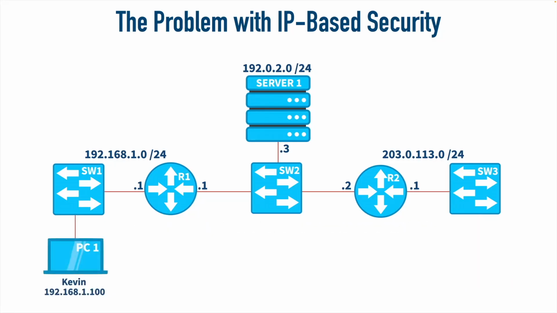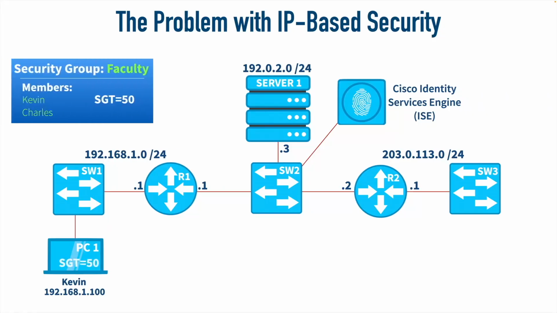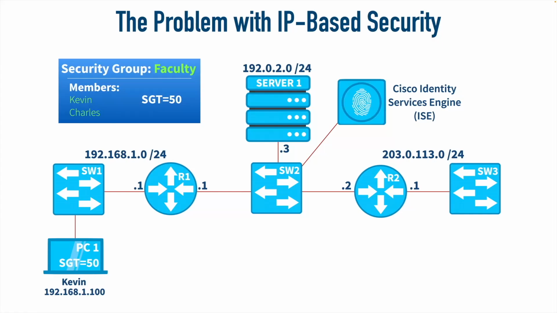The good news is TrustSec lets us grant permission based on someone's identity rather than their IP address. So let's say that I'm on PC1 and I'm in my office. When I log into the network, I'm going to be authenticated by Cisco ISE, Cisco's Identity Services Engine. The ISE configuration has a security group called faculty, and maybe a couple of members of the faculty group are Kevin and Charles.